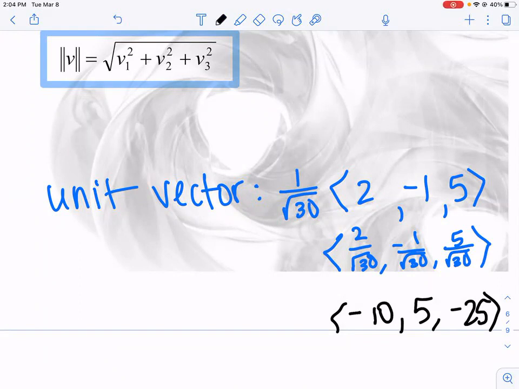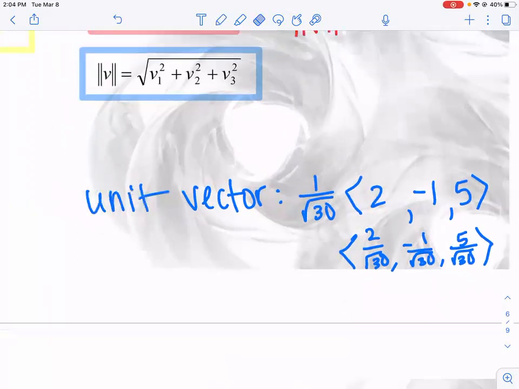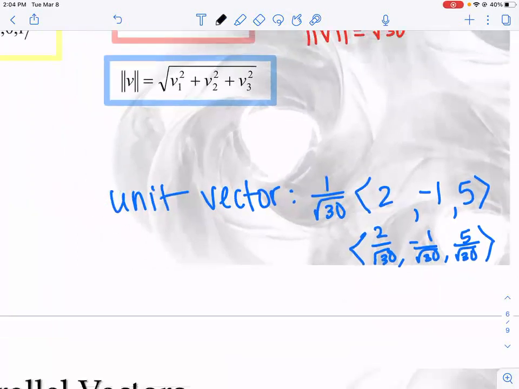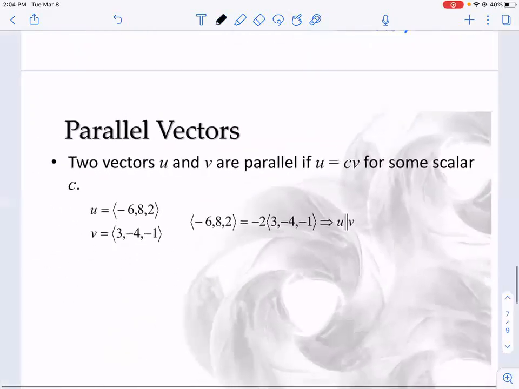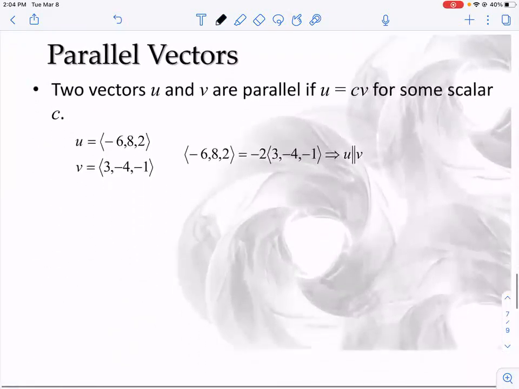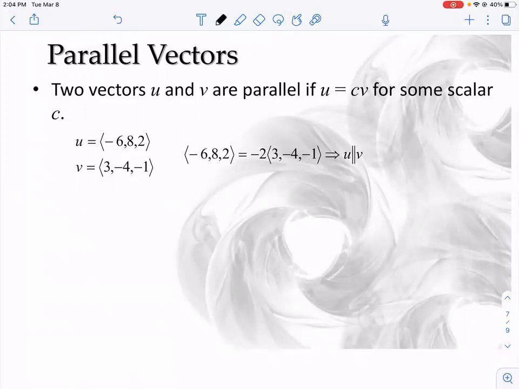Oh, they're like scalar multiples of each other. Like you can multiply by a number and get this one. So if vectors are scalar multiples of each other, we know that they are parallel. Two vectors are parallel if you can multiply one by a scalar to get the other. So here is vector u, here is vector v.